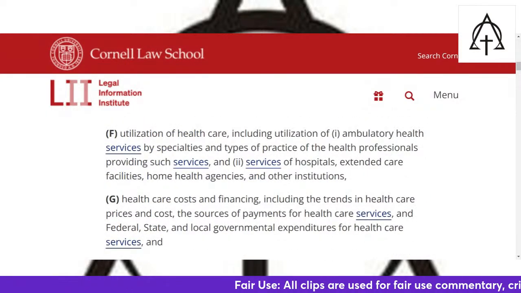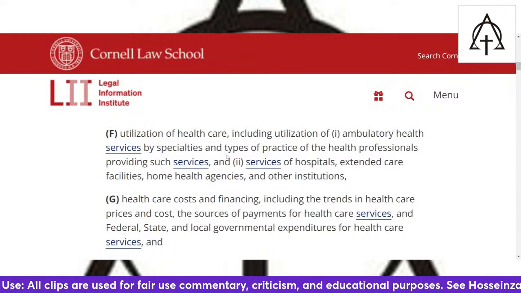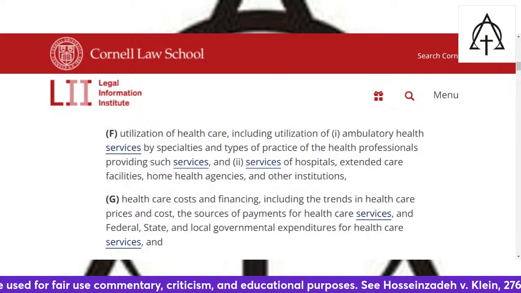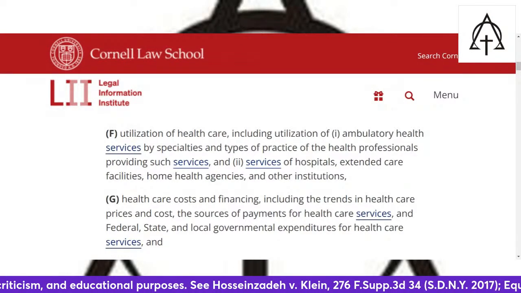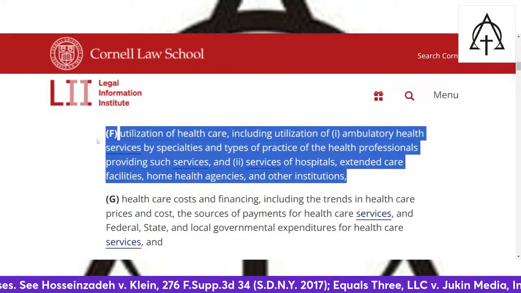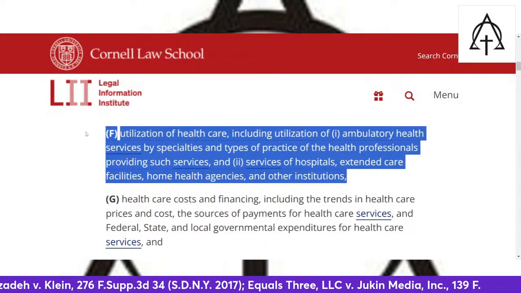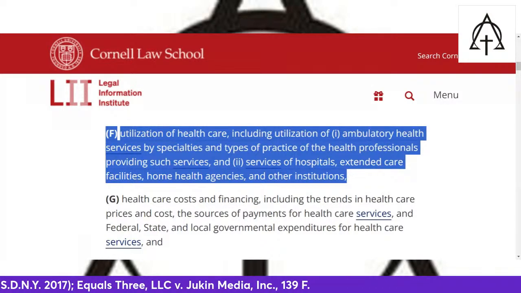Utilization of health care, including utilization of ambulatory health services by specialties and types of practice of the health professionals providing such services, and services of hospitals, extended care facilities, home health agencies, and other institutions. Again, if you're only providing the data elements, how is it that service contract applies to you as if though you're a contractor?